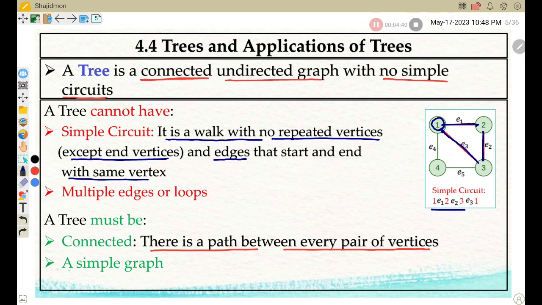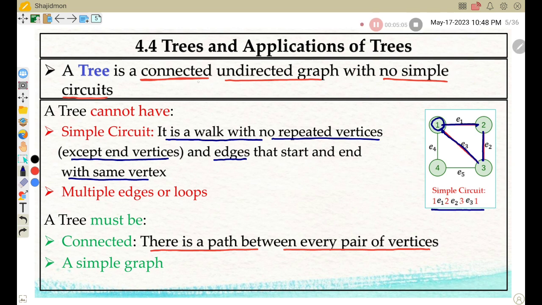We can write that simple circuit like this: first we start with vertex 1, then move through edge E1 and reach 2, then E2 to 3, then E3 to 1. So we are getting a simple circuit. This kind of simple circuit should not be there in a tree. If there is a simple circuit, it is not a tree. So a tree is free from simple circuits.